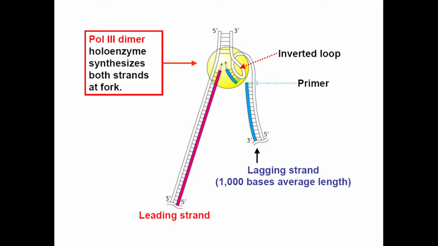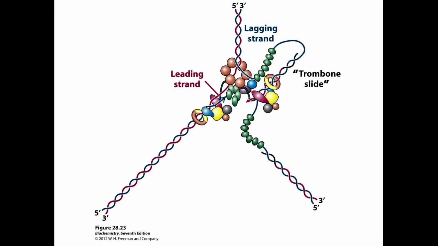But for the lagging strand, there must be a special loop structure for movement in the same direction. And this loop will be constantly changed. The size of this strand will be constantly changed, like the trombone structure in the musical instrument. It's called the trombone-like model.